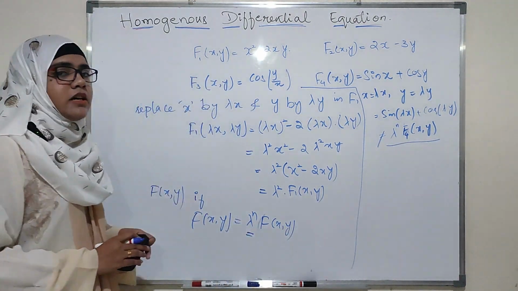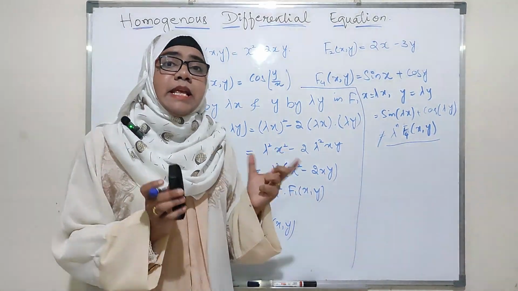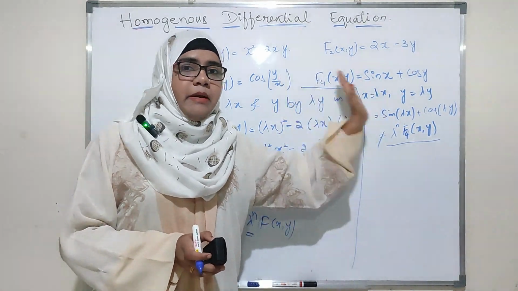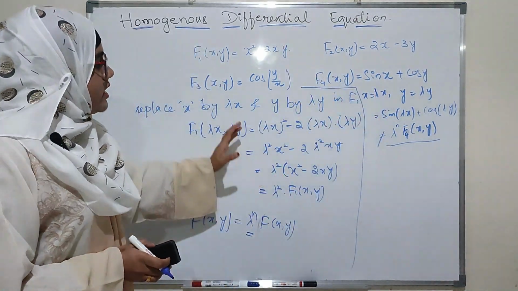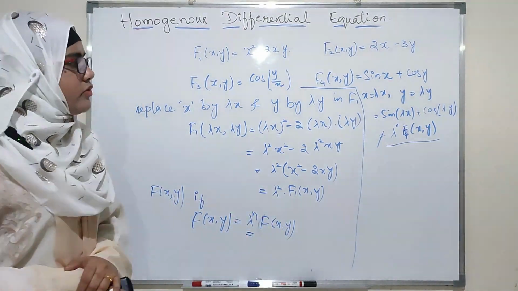Lambda is a non-zero number. So homogeneous is simply a differential equation in which each term has the same degree. If the degree is the same, then we can say the given function is homogeneous.